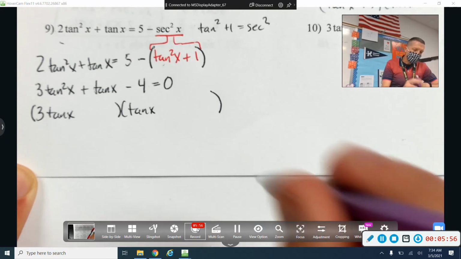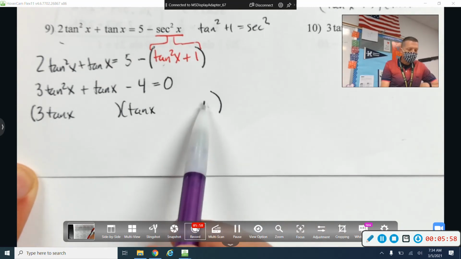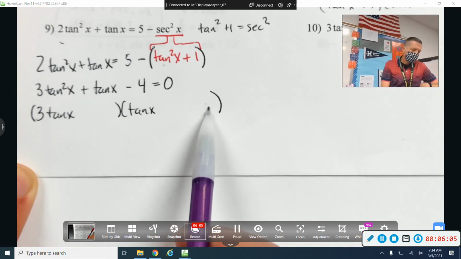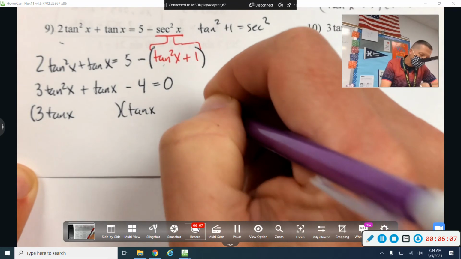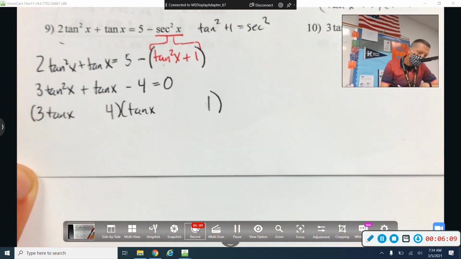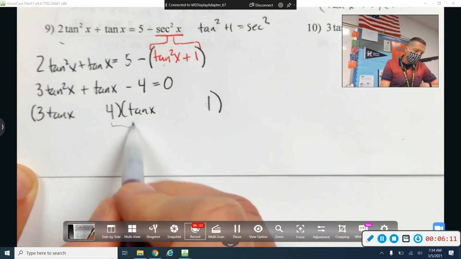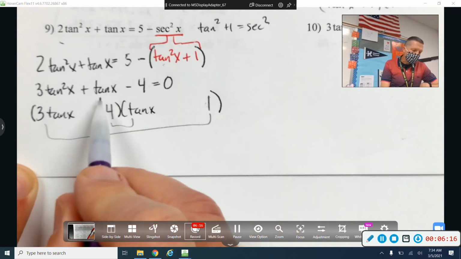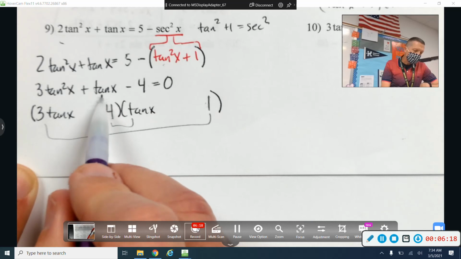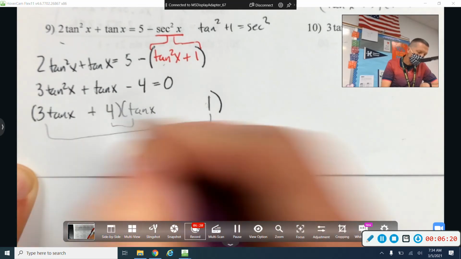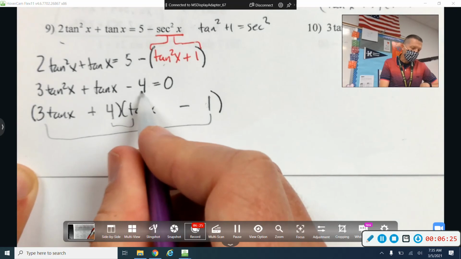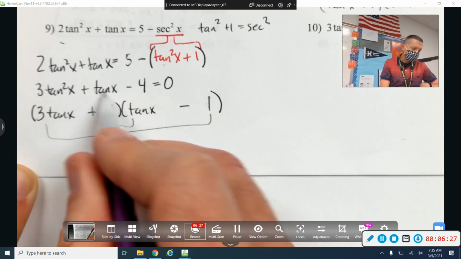I can be smart about this, though. If I put a 4 across from the 3, that's going to get me 12. That's way too big, so that's out. So I'm not going to put a 4 there. I could put a 1 there, and a 4 here, and that would get me 4 and 3. Oh, I think I'm onto this here because I want a positive tangent x. I want a plus 4 and a minus 1. That would multiply to negative 4, and it would add to a positive 1.